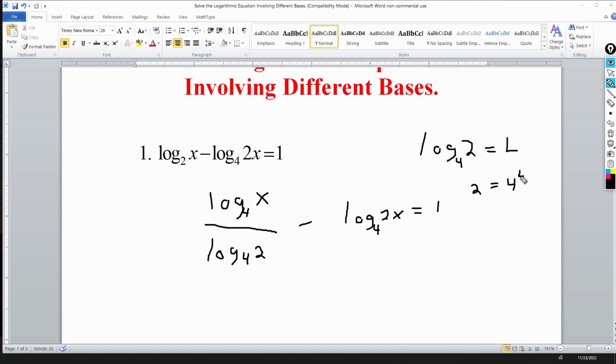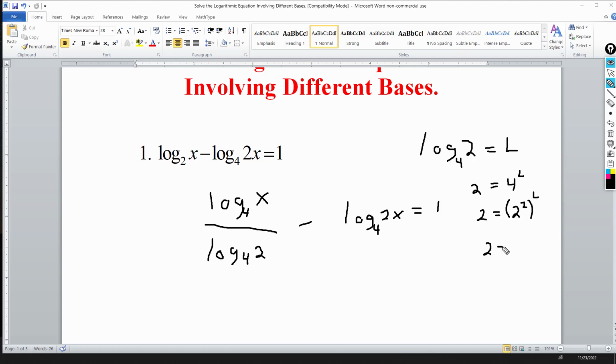So I want the number L that will make this a true statement. So 2 is equal to 4 to what power? If you can't see that, you can rewrite it this way: 4 is the same thing as 2 squared, and that's 2 squared to the L power.